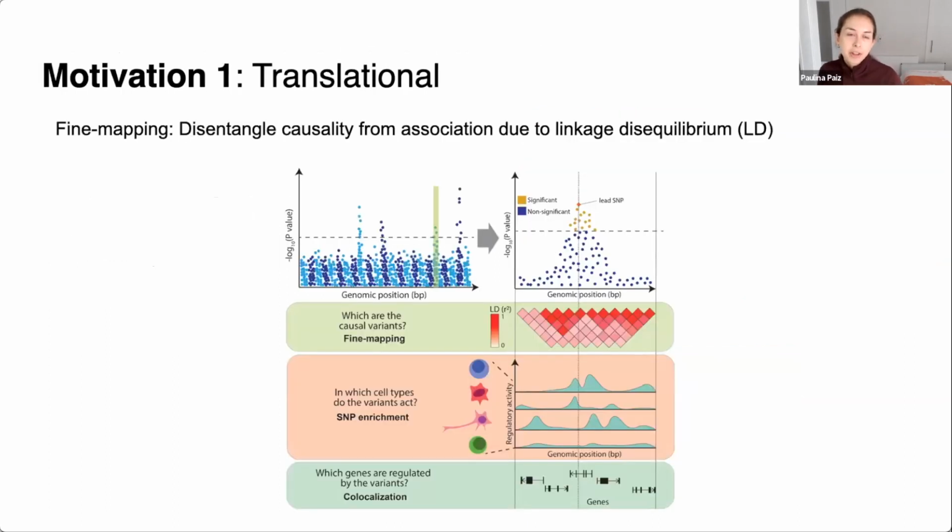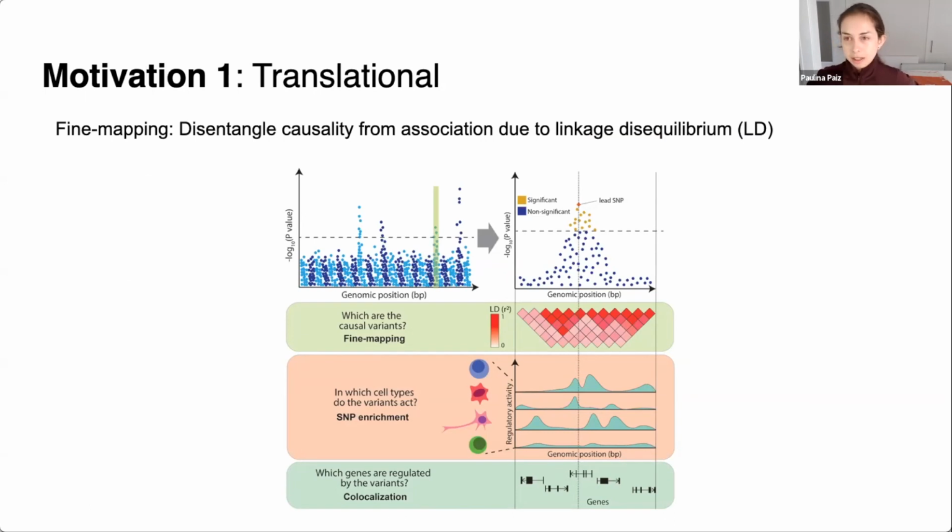So the motivation for the paper, also feel free to interrupt me, by the way, if you have any questions, because I'm not looking at the chat. The first motivation was translational. They wanted to help with a field effort for fine mapping. Fine mapping refers to disentangling causality from association due to linkage disequilibrium.